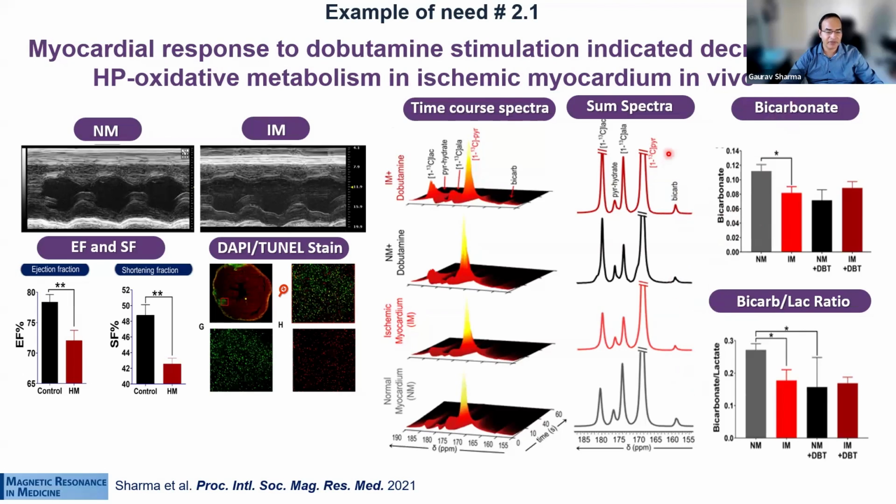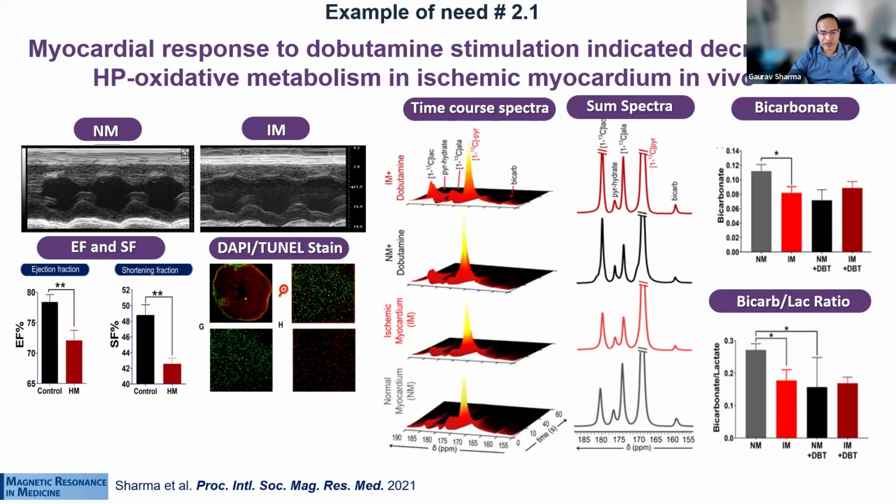These are representative spectra, and when we combine them all together, you see a slight, significant decrease in the normal versus ischemic myocardium, whereas you do not see the effect as anticipated. And here is the bicarbonate to lactate ratio, which tells us about the ratio of aerobic versus anaerobic metabolism, and we see a bicarbonate to lactate ratio decrease.